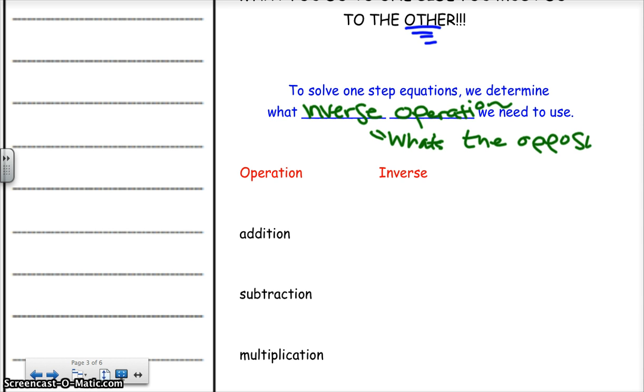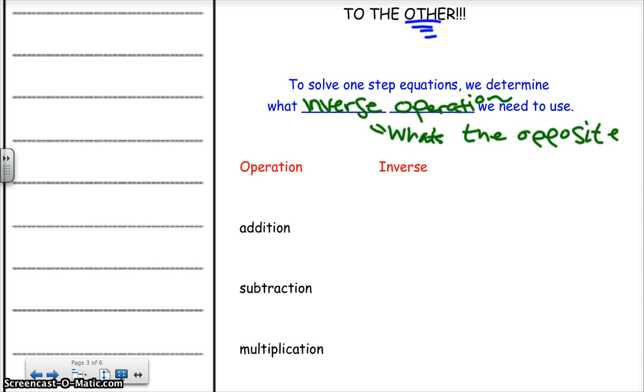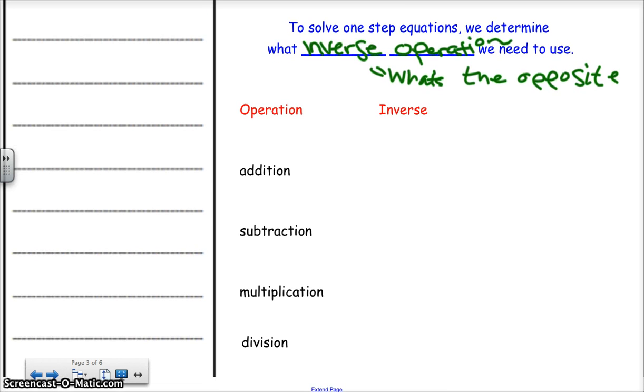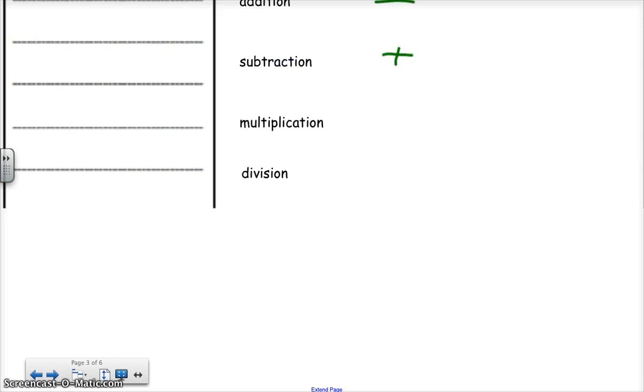If I had an operation sign of addition, what's its inverse? Subtraction. Subtraction undoes addition. If I had a subtraction, what's the inverse of subtraction? Addition. Adding undoes subtraction. It cancels it out. Multiplication, what's the inverse of multiplication?